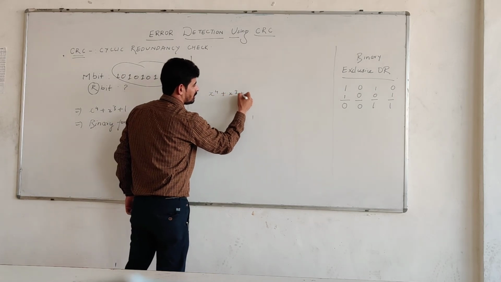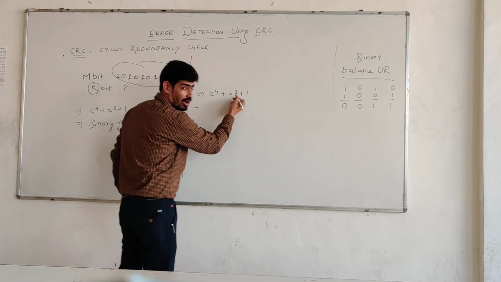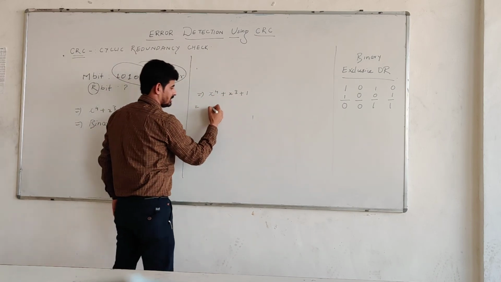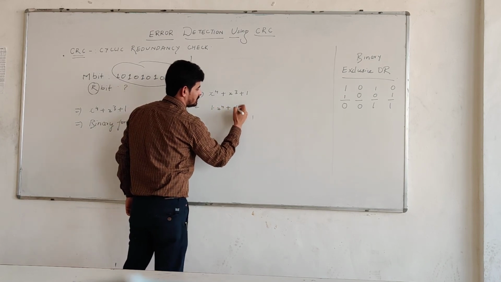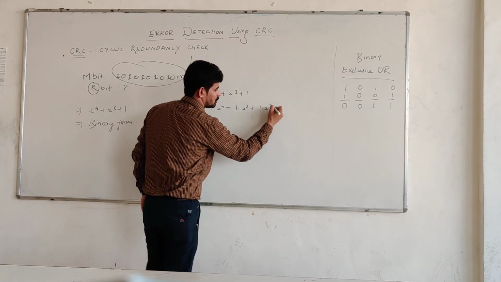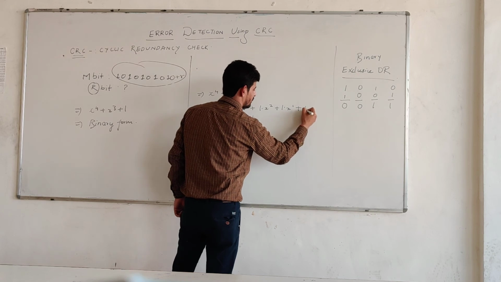this polynomial form is given as, we will first find the coefficients of the x variables in the equation. That is 1 into x to the power 4 plus 1 into x to the power 3 plus 1 into x to the power 2 plus 1 into x to the power 1 plus 1.